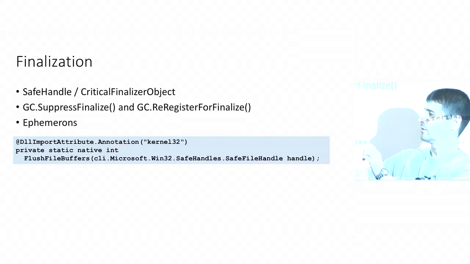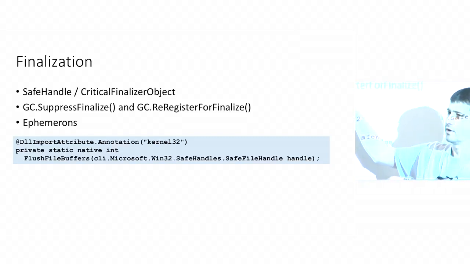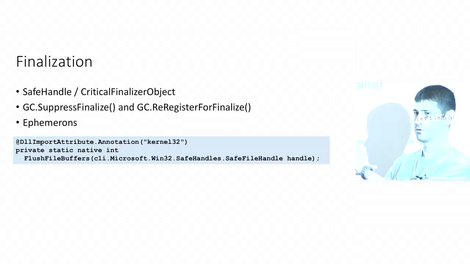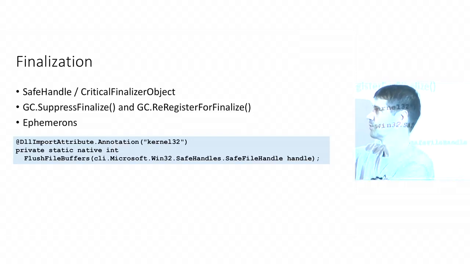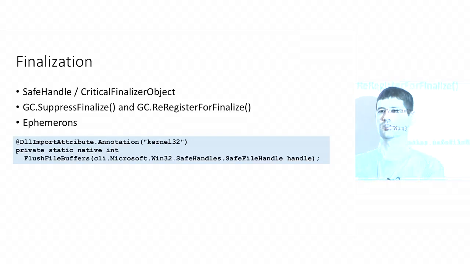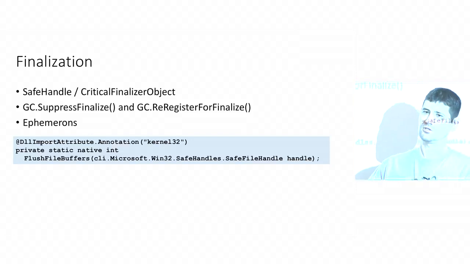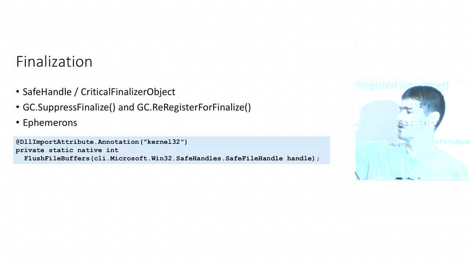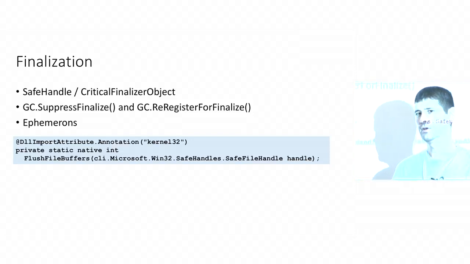They just have a field of type critical finalizer object that owns the native resource. It's also a safe handle, which is a subclass of this. This encapsulates the actual operating system handle that corresponds to the file. So when the system starts finalizing the file stream, the close method gets called, the file gets flushed, but because these things are finalized in order, you don't run the risk of closing the handle before flushing the stream.